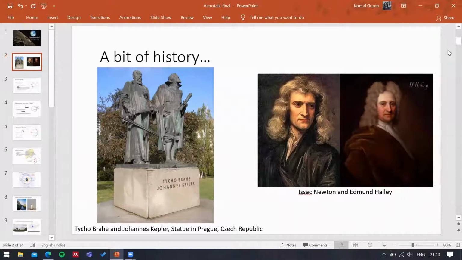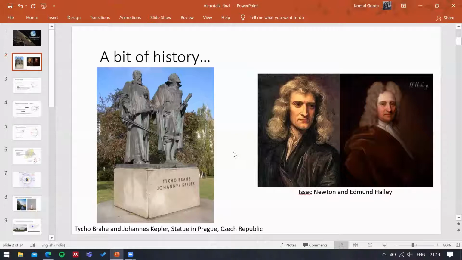In the image on the left, you can see a monument dedicated to Tycho Brahe and Johannes Kepler, both of whom are credited with laying the foundation of astrodynamics. These people were fairly contradictory, like I mentioned, in personality.